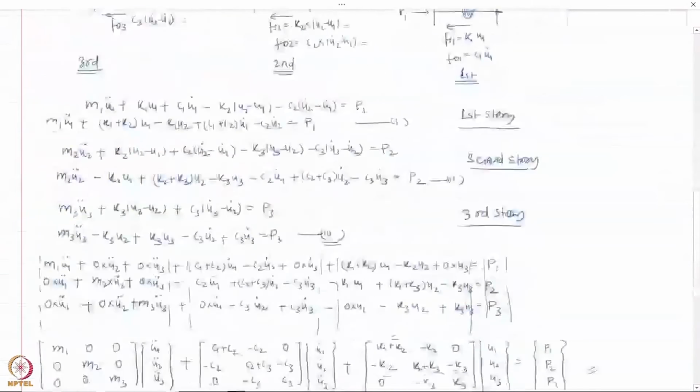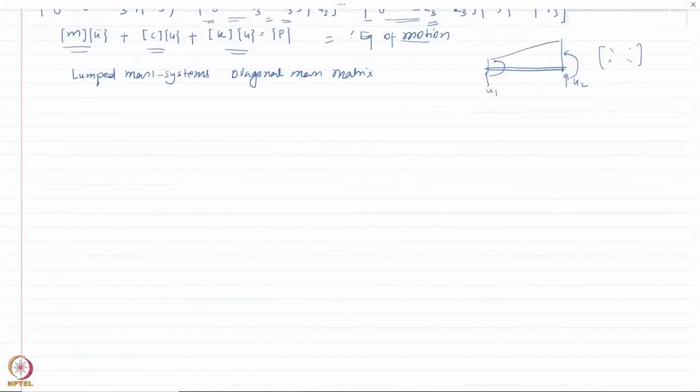Many times you would also see this lollipop representation used to define a shear type building, with u1, u2 defining the degrees of freedom, and the story stiffnesses k1, k2, k3.